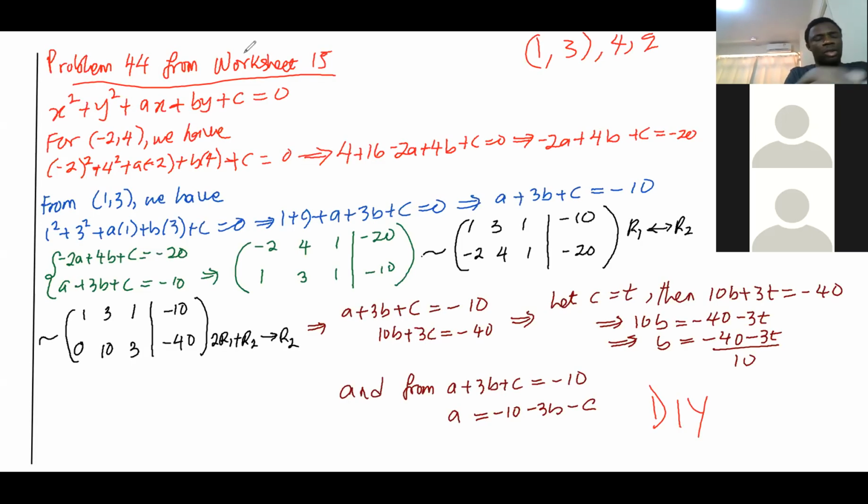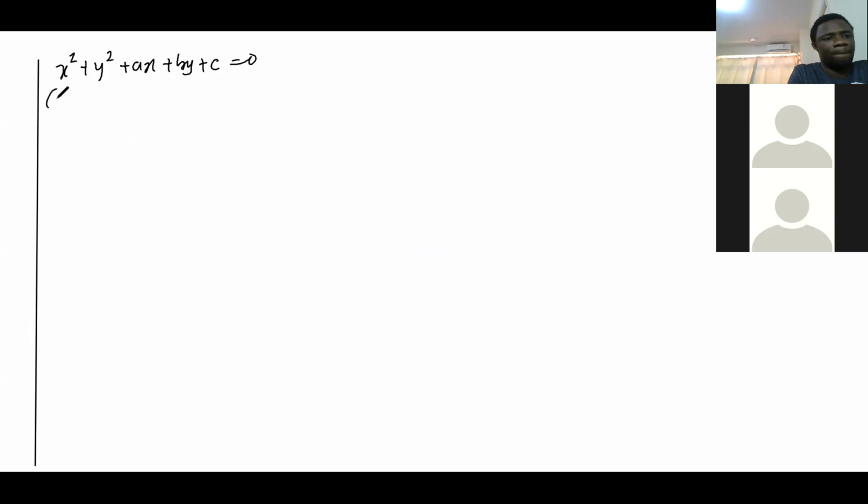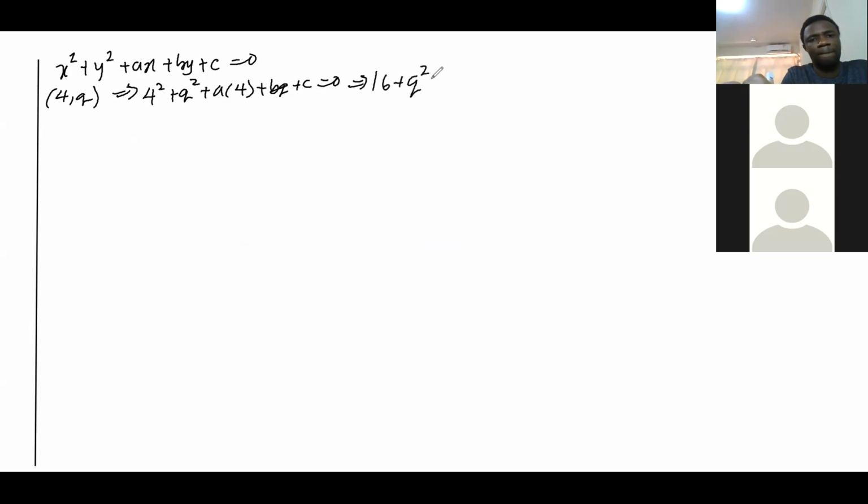If (4, q) is on the circle, it implies 4 squared plus q squared plus a times 4 plus bq plus c equals 0, that is 16 plus q squared plus 4a plus bq plus c equals 0.